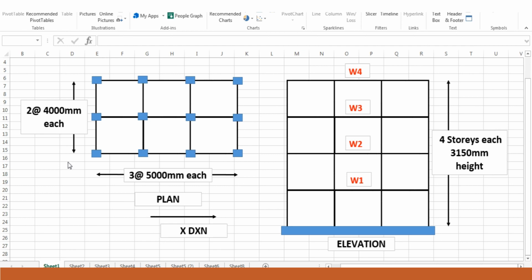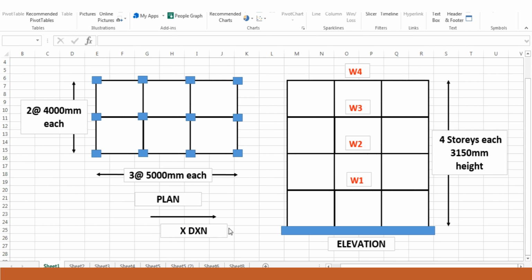The question given to us here is that there is a plan RC frame building with a plan area of 3 into 5000 mm in this direction. So the total length in this direction is 15 meter, and in this direction 2 into 4000 mm each. So we have the plan length in this direction to be 8 meters.